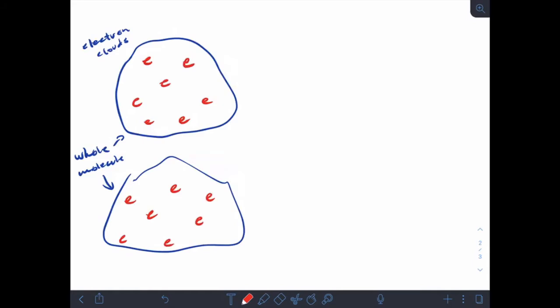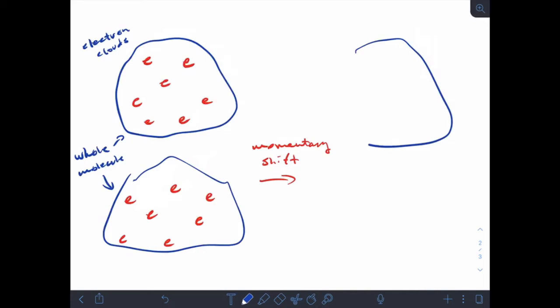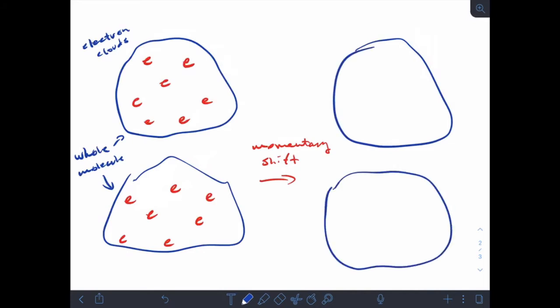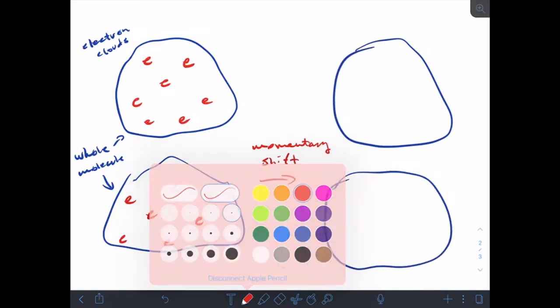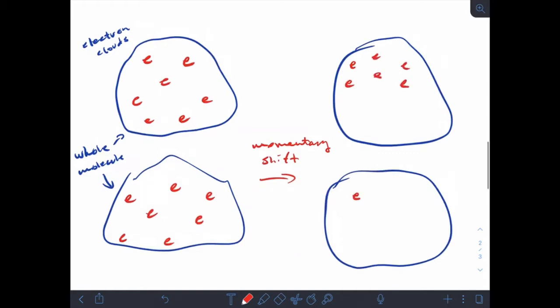Okay. Now, what happens when we have a momentary shift of those clouds? So I've got my one molecule and I've got my other molecule. And what happens if just for a moment all of my electrons end up on one side of the cloud for each of these molecules?